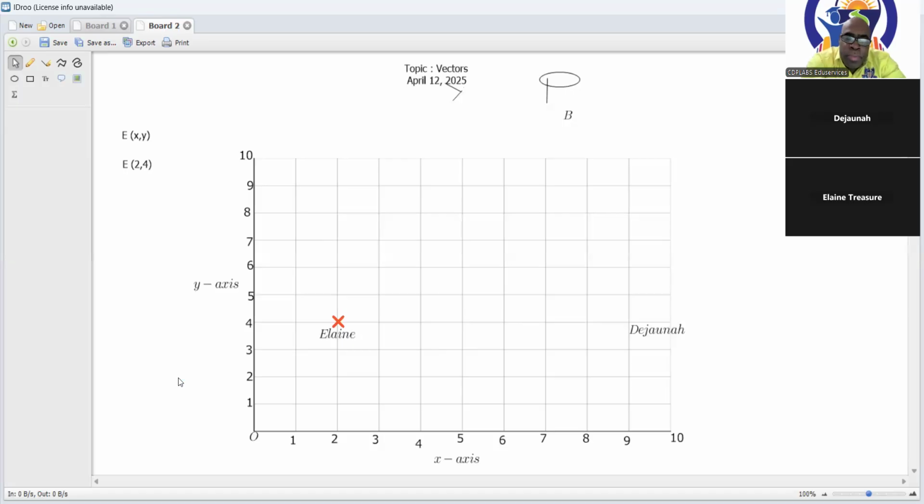Choose a point. Just choose a point. It can be 5, sir, or 6. Well, remember when you're stating a point, it must have two coordinates, X and Y coordinates.